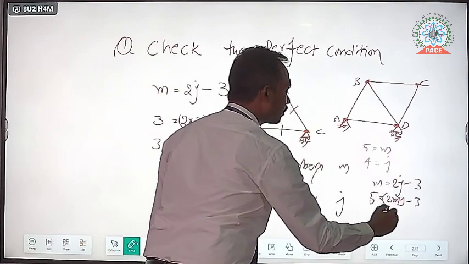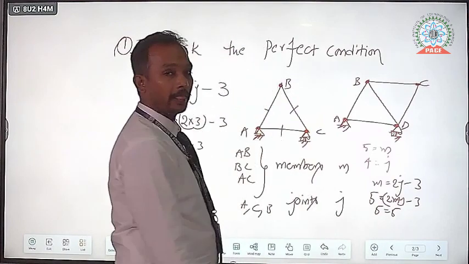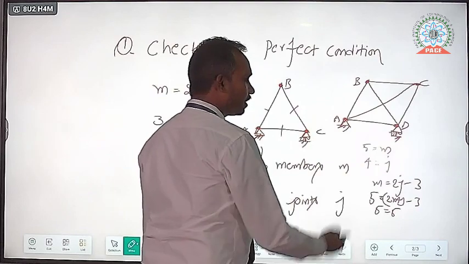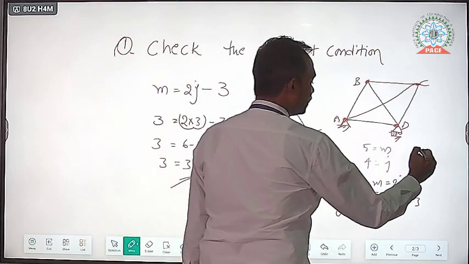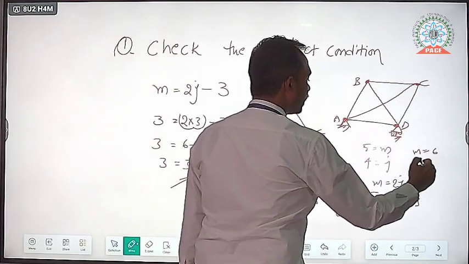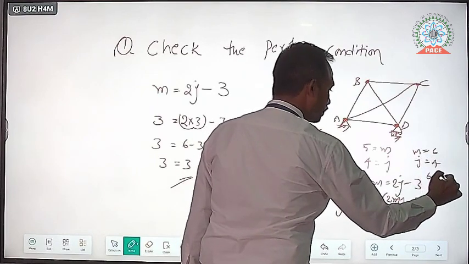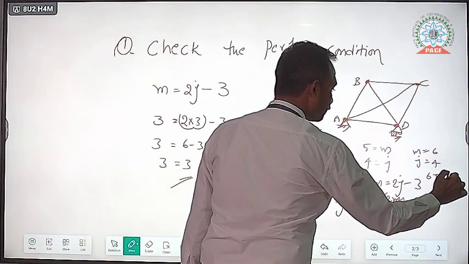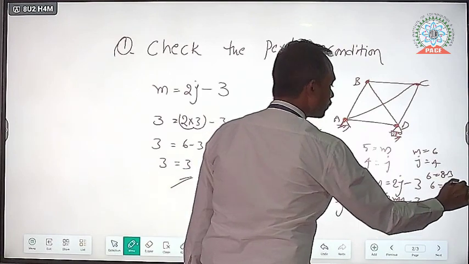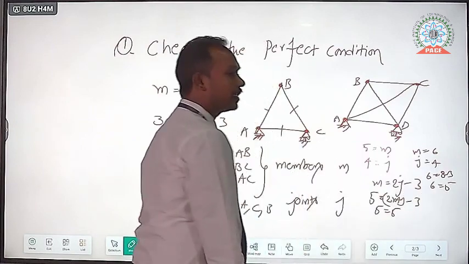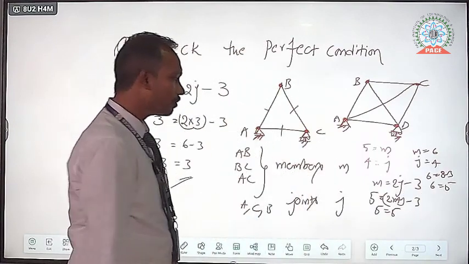Okay. So if you draw like this, then the count increases, that is m is equal to 6 and j is equal to 4. The number of members is greater than required for the joints, so that is not a perfect condition.